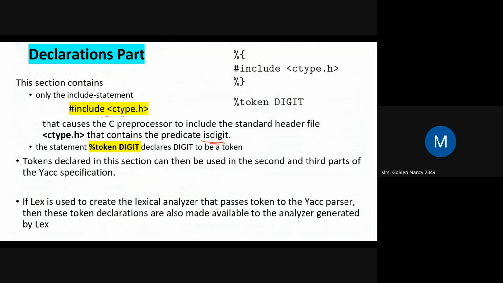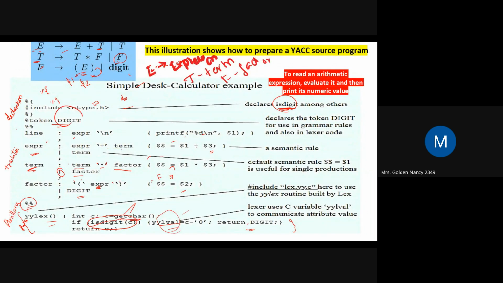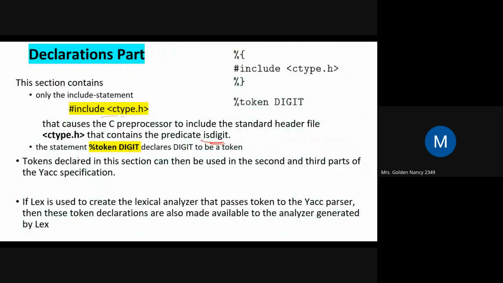Next, the tokens declared in this section can be used in the second and third parts of YACC. Here, the tokens declared are used in the second part. Next, if lex is used to create the lexical analyzer that passes tokens to the YACC parser, these token declarations are also made available to the analyzer generated by lex.